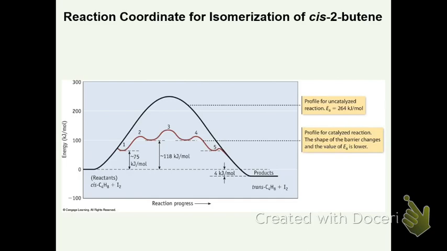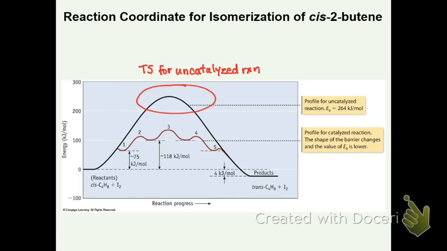But it's actually a very slow reaction because the energy of the transition state is quite high. So this would be the transition state for the uncatalyzed reaction. And so the reason that the reaction is so slow is because this transition state is so high energy, the colliding particles have to have high energy in order to get over that or through that transition state.